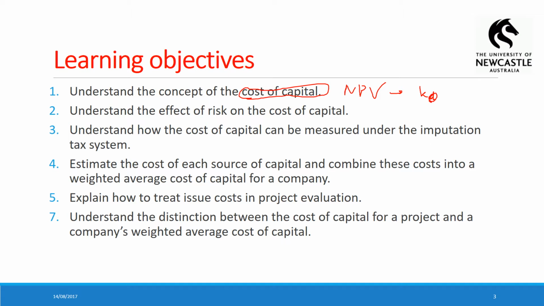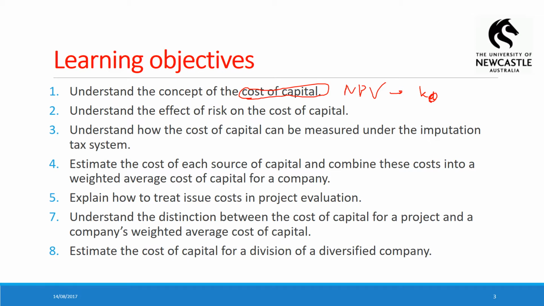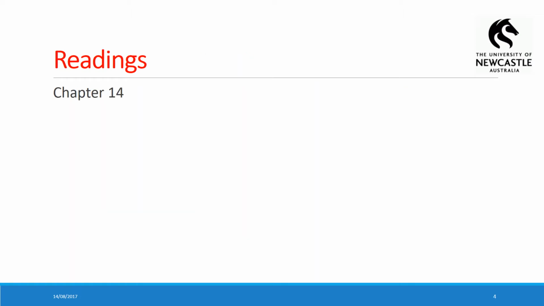We mentioned before that the project's cost of capital should depend on the project's riskiness, not the overall firm's riskiness. We then look at estimating the cost of capital for one division of a company with a lot of divisions. The readings for this lecture are from chapter 14 in the textbook.